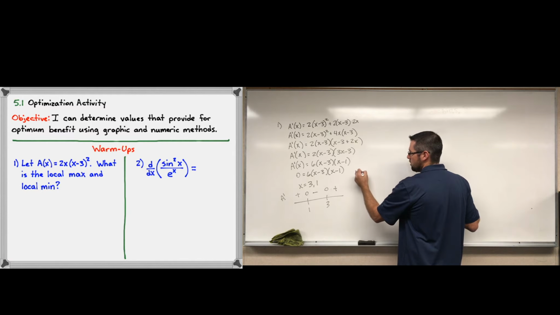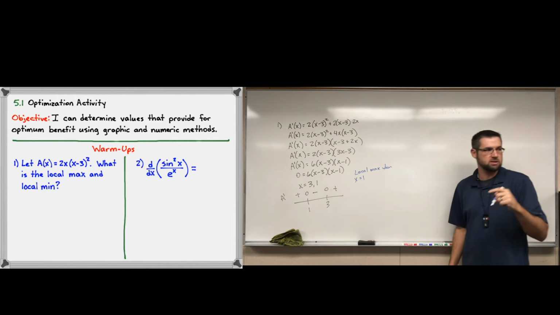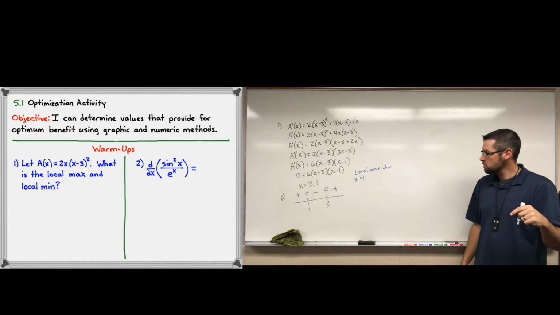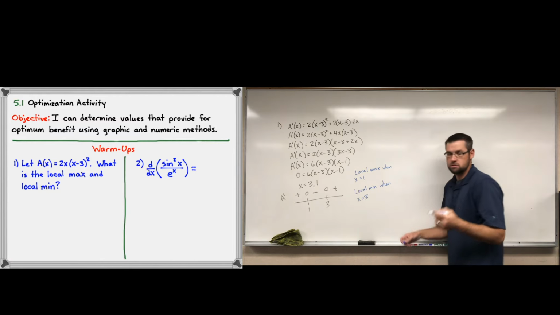We have a local max when x equals 1. And the justification is since a prime changes from positive to negative. And we have a local min, yes, when x equals 3.